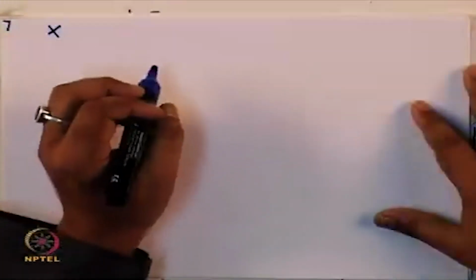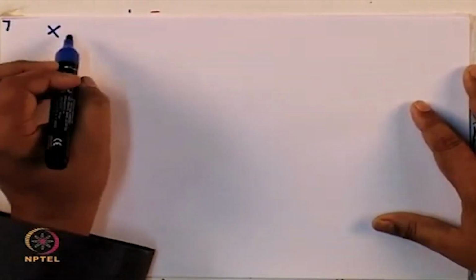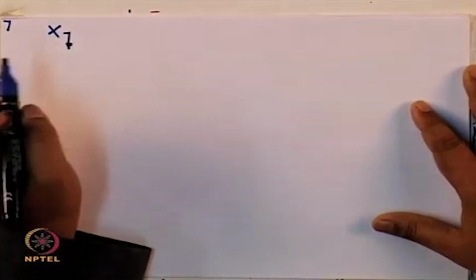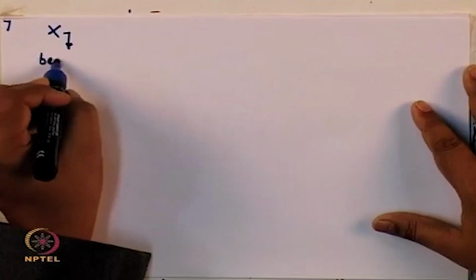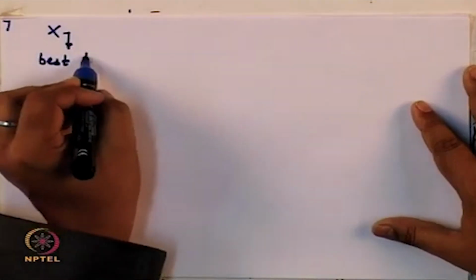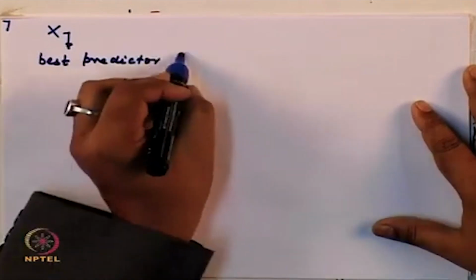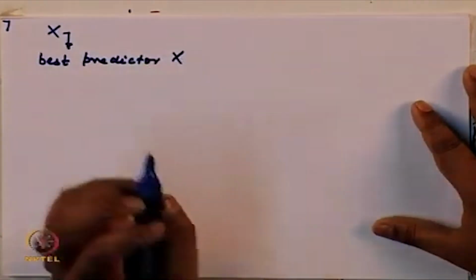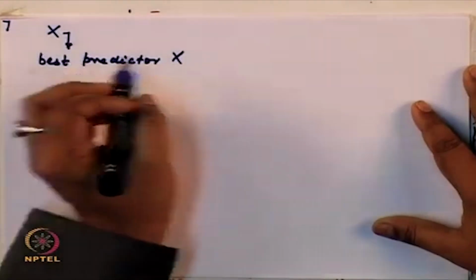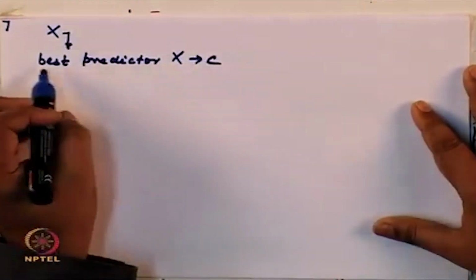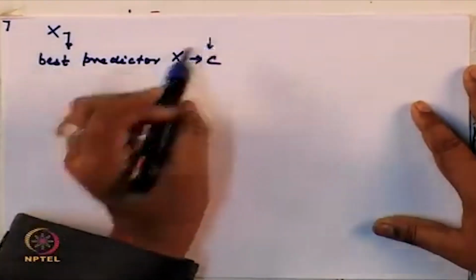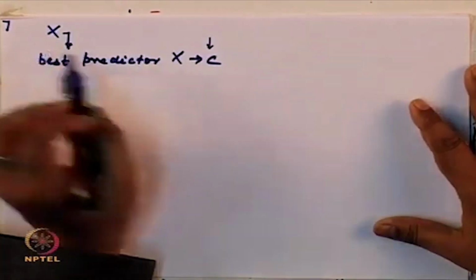So, in expectation, let us say you have a random variable x. We want to know what is the best predictor, that is, what is the value c which best predicts x?